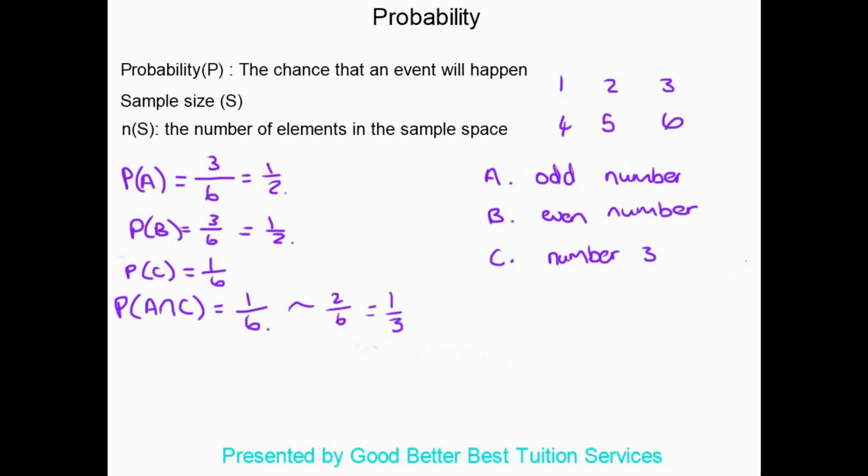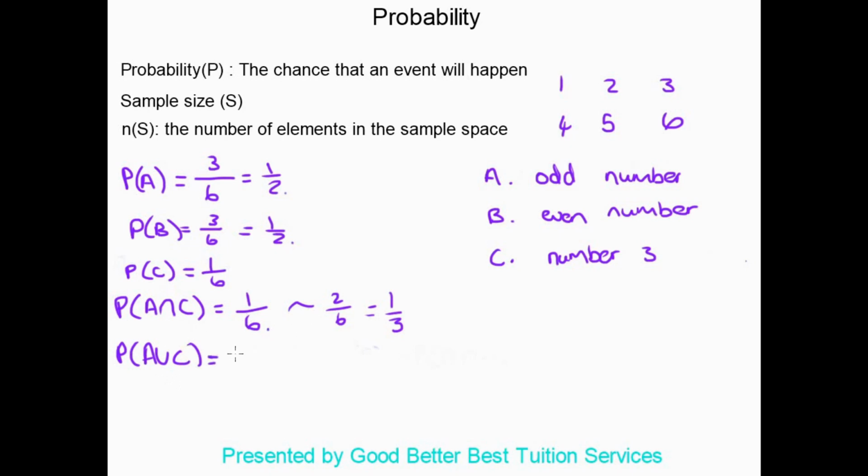And then another formula that I can throw at you guys is the probability of A or C. So this means union, but it also means or. Sometimes they'll say A or C, but in this case they just put the union sign there.